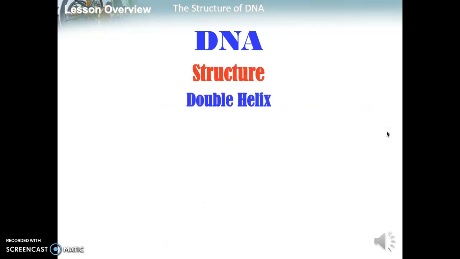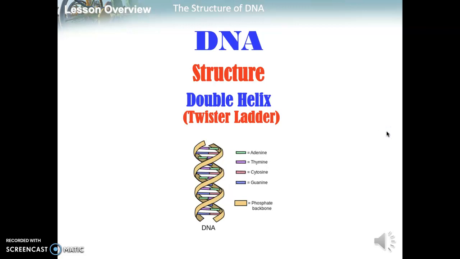So let's go with the structure. As I said, it is now called a double helix, thanks to Watson and Crick. We commonly think of this as a twisted ladder. It is the bases, the adenine, thymine, cytosine, guanine, that make up the steps to that ladder. And then we say that it has a phosphorus carbon backbone.